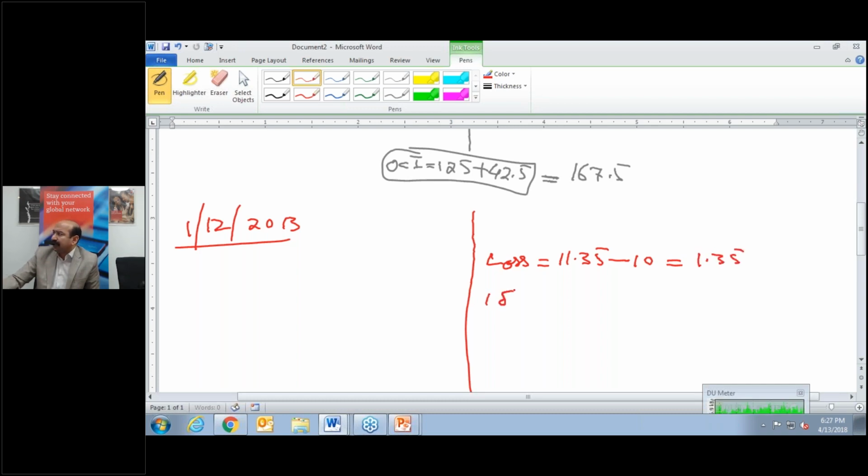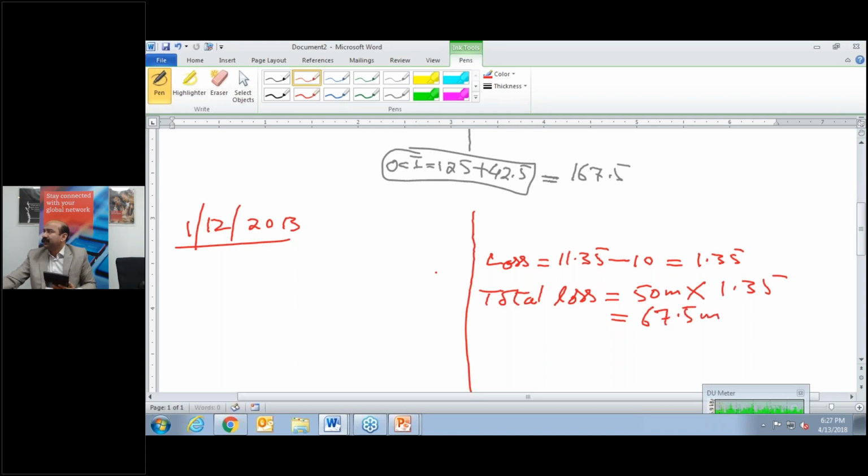So you will be calculating the total loss. Total loss is equal to 50 million into 1.35, because this forward contract is for 50 million SK. So 67.5.